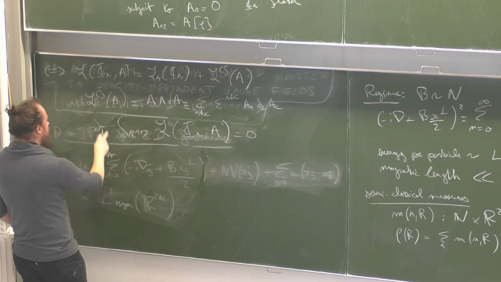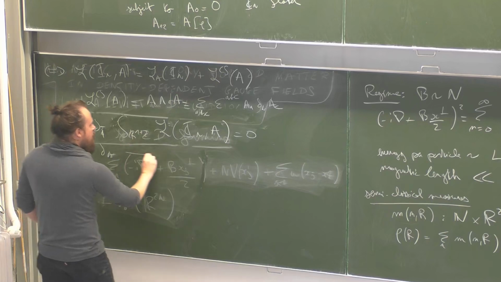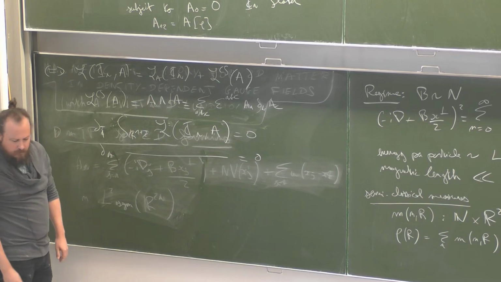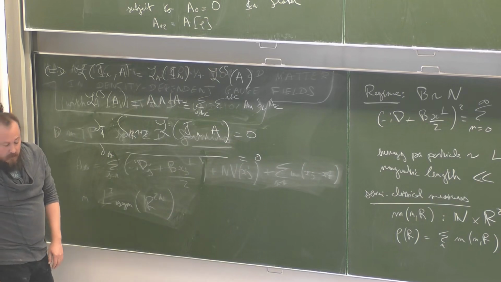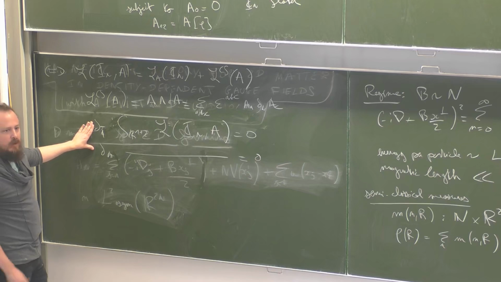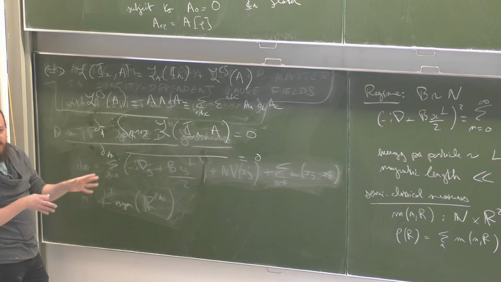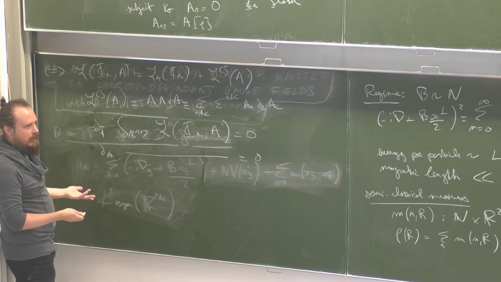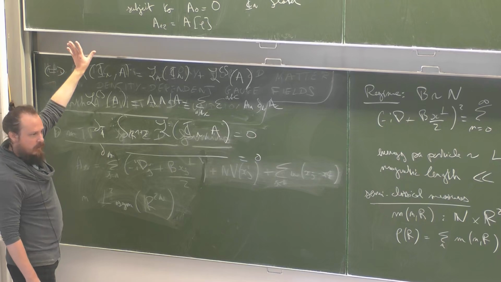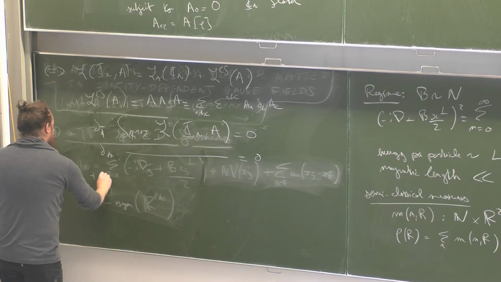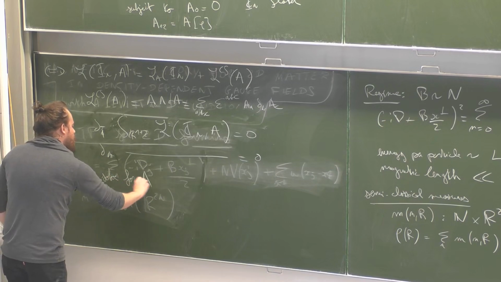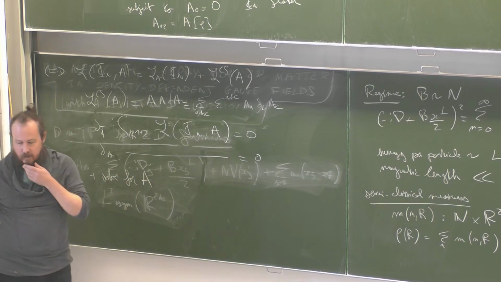But also now A is a variable, so you do the same, but differentiating with respect to A. If you do that, you obtain coupled equations for phi and A, but you can solve for A. Given phi, you can solve for A. And if you solve for A in a gauge that is convenient for you, you're going to get this back. So you solve for the vector potential A in the equations that you get.